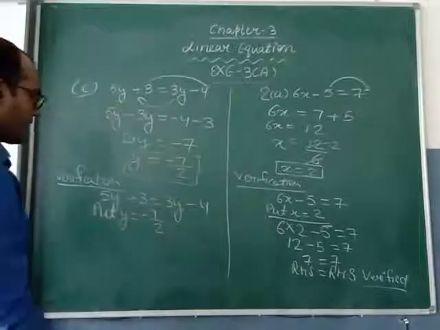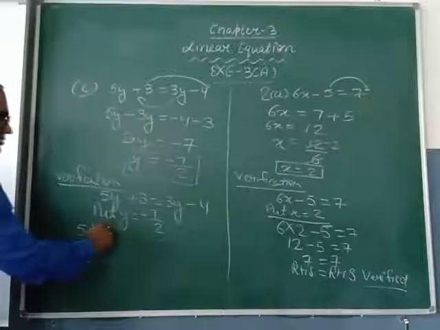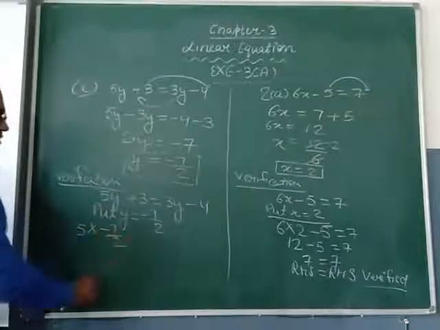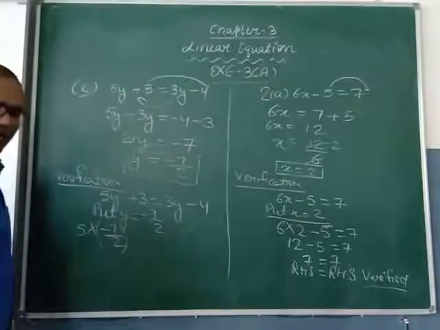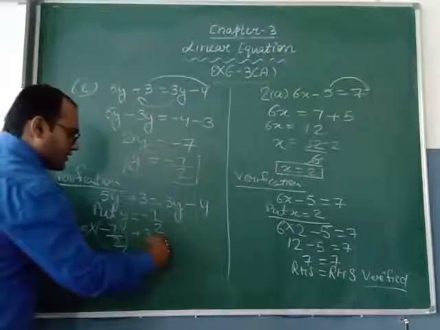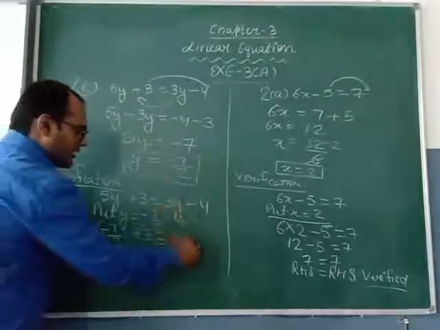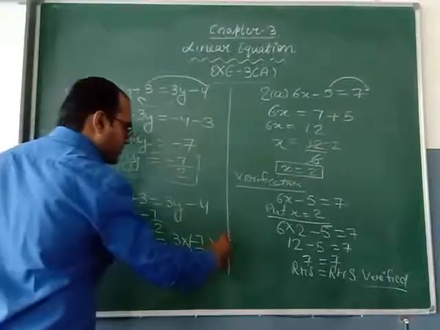So next step, 5, no sign is coming, multiplied by the y value, minus 7 upon 2. We have to take this in a bracket because a minus sign is coming with the multiplication. So we have to take a bracket. Plus 3 is equal to 3 multiplied by the y value, minus 7 upon 2 in a bracket, minus 4.